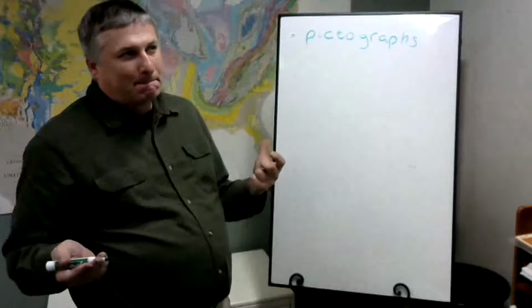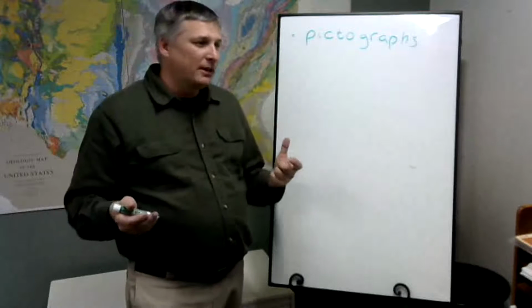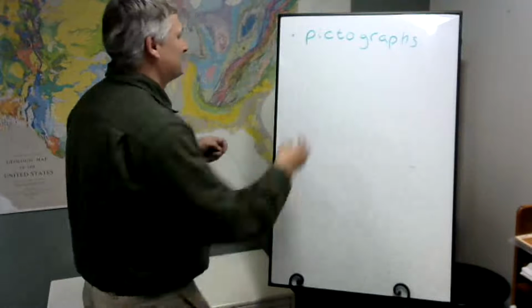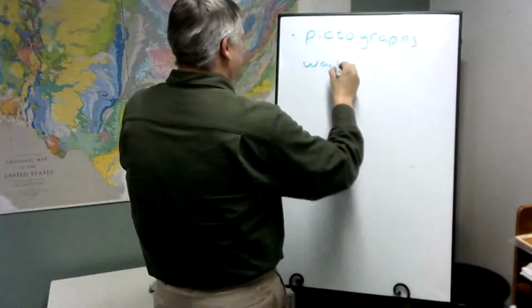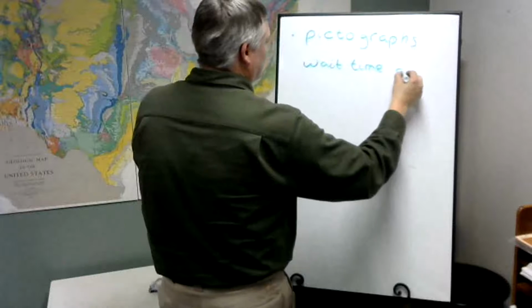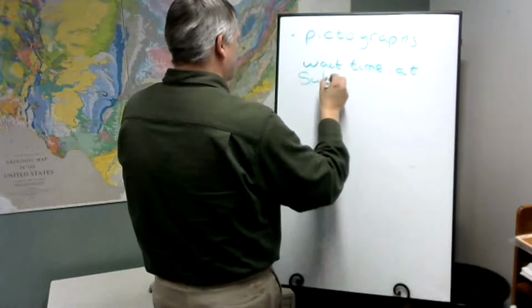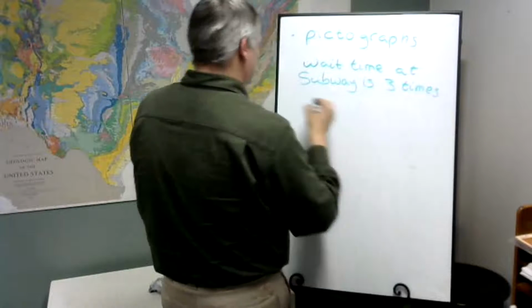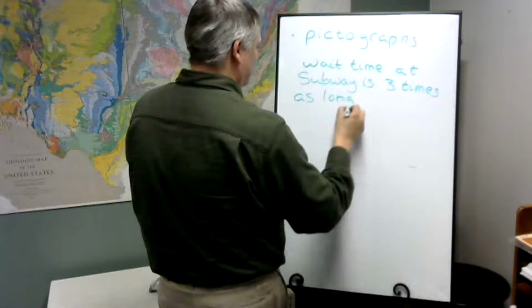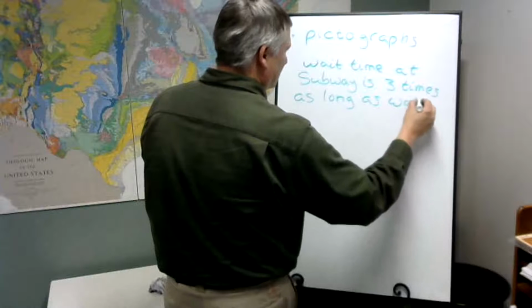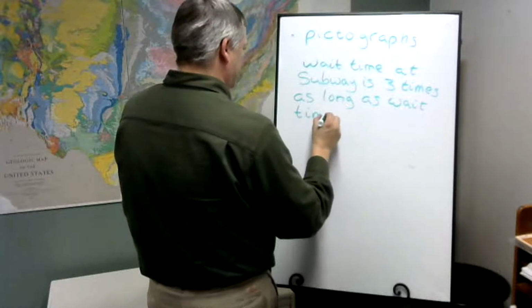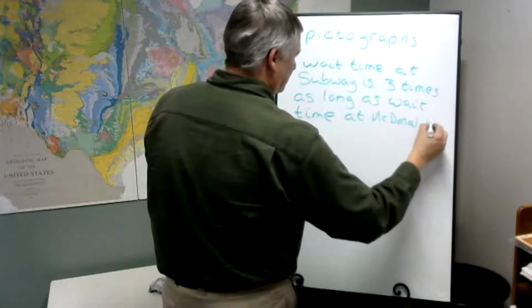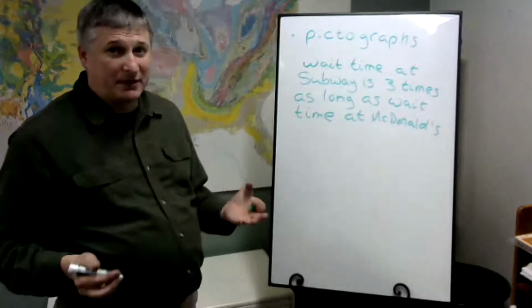So let's say the wait time at Subway is 3 times as long as the wait time at McDonald's. Let's say that's what we have to illustrate.